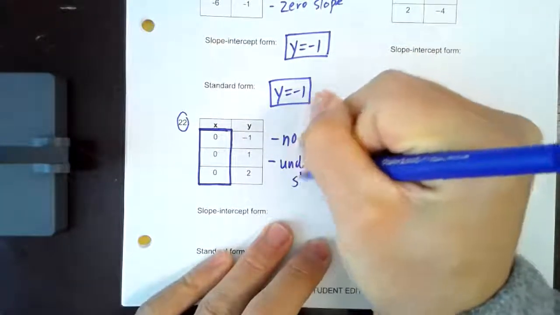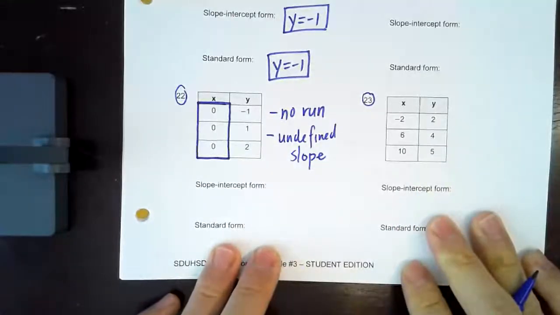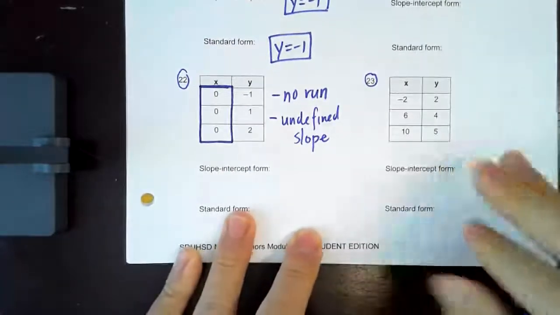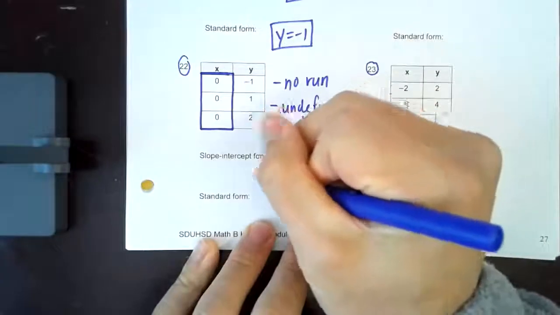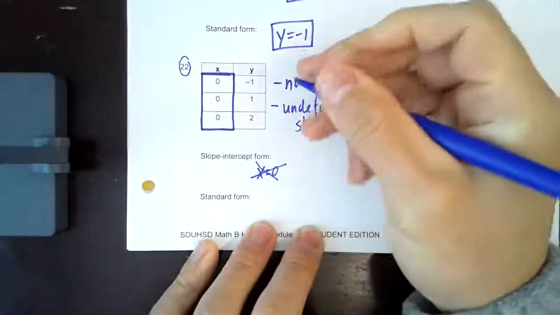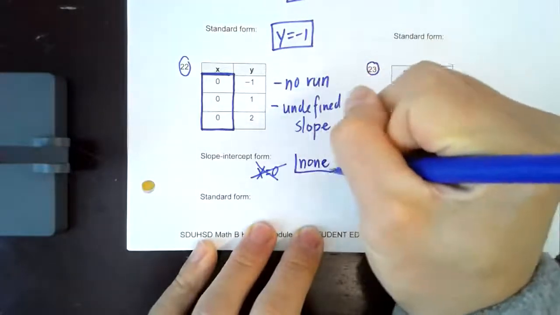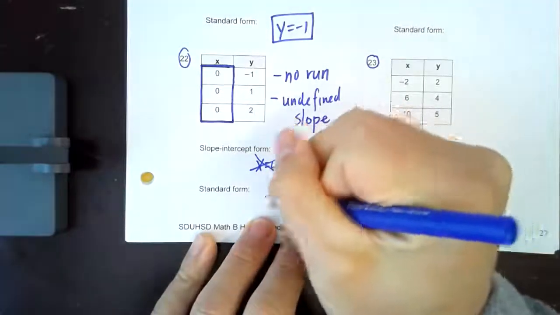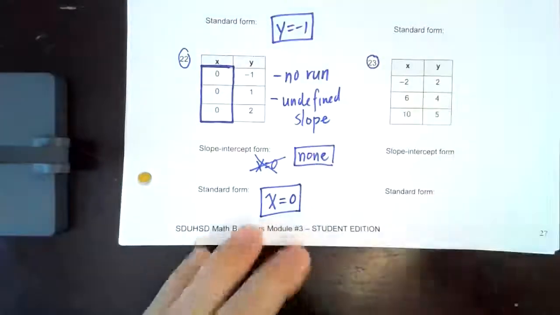We know that this is an undefined slope. And technically, when you have an undefined slope, you cannot write this in slope-intercept form, right? I know we kind of want to say x is equal to 0, but you can't write that because you cannot write something in slope-intercept form without a y value. So just write none. The standard form here, though, is x is equal to 0.